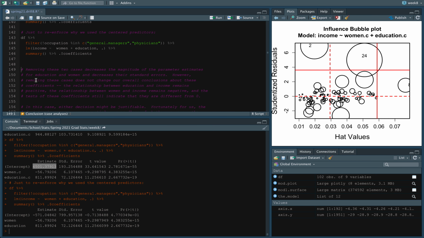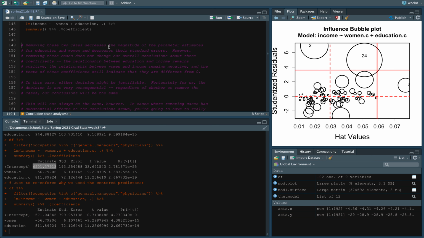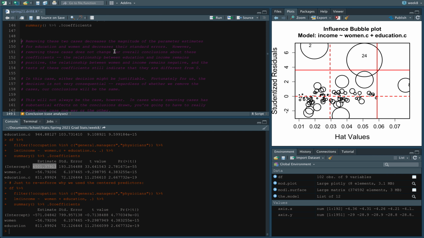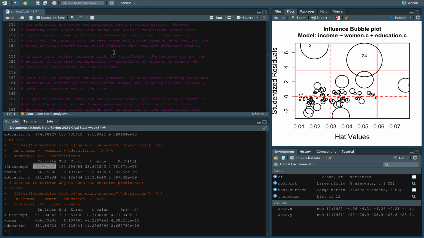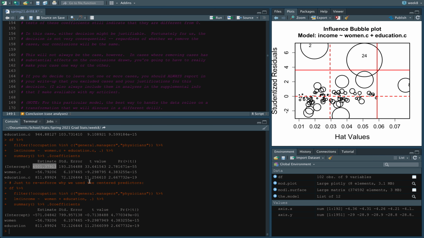So removing these two cases decreases those standard errors, but the patterns are still there, the significance is still there. So in this case, either decision could be justifiable. Fortunately, it's not particularly consequential, because either way we run this, we come to the same conclusion.